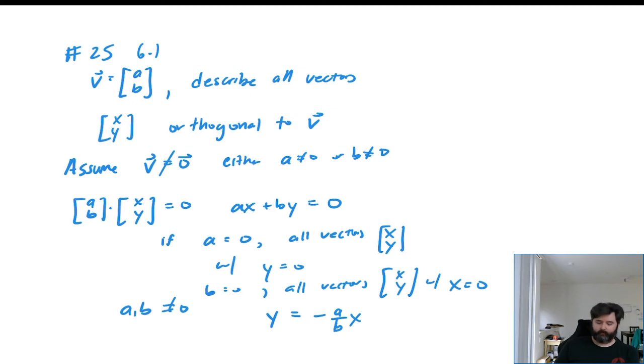So basically, it's any vector that looks like x times (1, negative A over B), with 1 in the first row and negative A over B in the second. So that's what it is. You have to be careful if A or B are 0, right? But otherwise, if they're both not 0, that's what you should get. Okay?